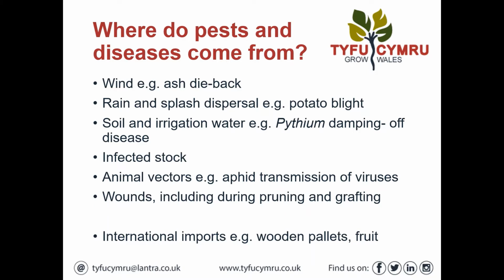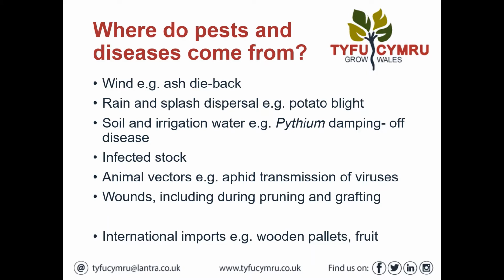For example, the damping off disease of seedlings caused by Pythium. It might be brought in on infected stock, or some pathogens, particularly viruses, are spread by animal vectors, for example the aphid transmission of viruses.